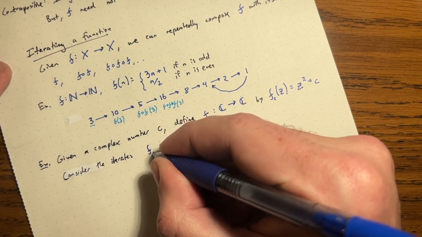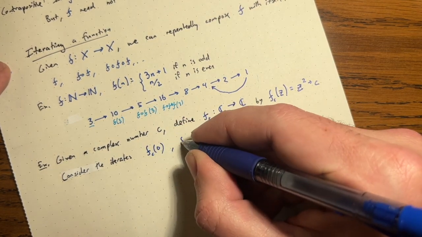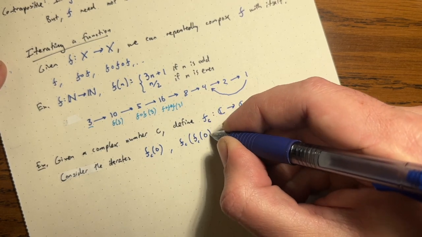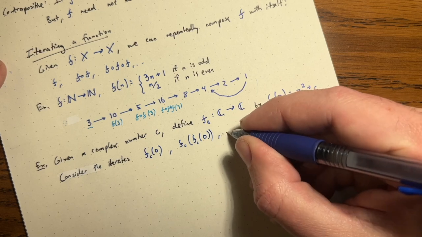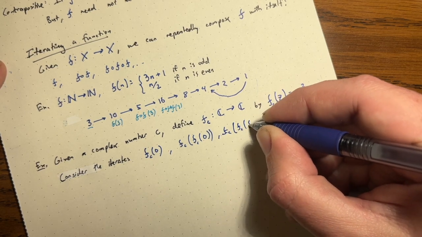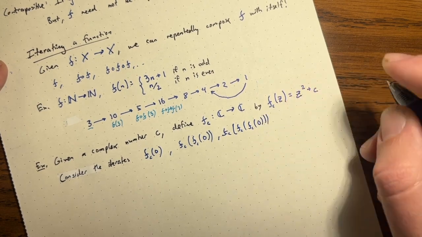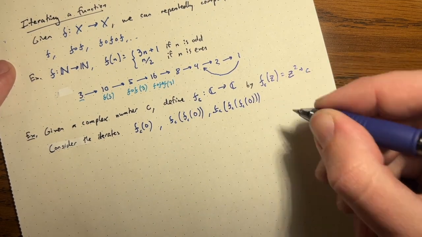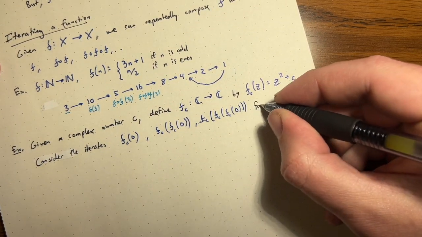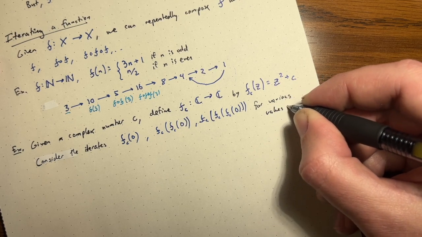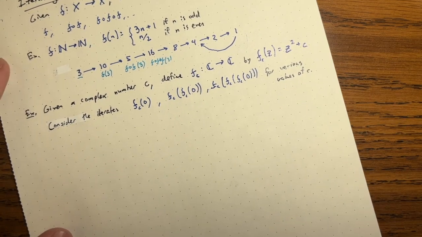So we're going to do f_c of 0, and then we're going to do f_c composed with f_c of 0, etc. Then f_c of f_c of f_c of 0. So here's the function we're going to iterate. Okay, and we're going to do this for various values of c.